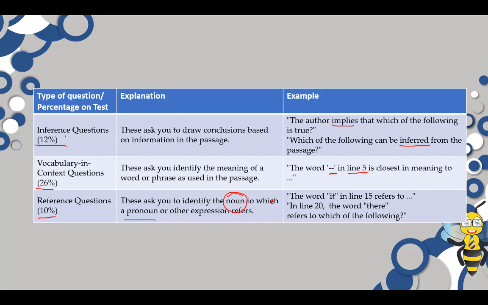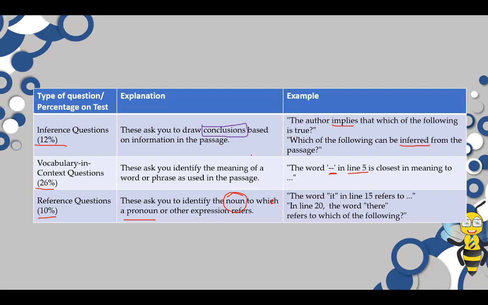So, what are inference questions? These questions ask you to draw a conclusion based on the information in the passage. These conclusions are going to be yours. They are not written in the lecture. They are going to tell you something, and you need to decide what could be the conclusion.